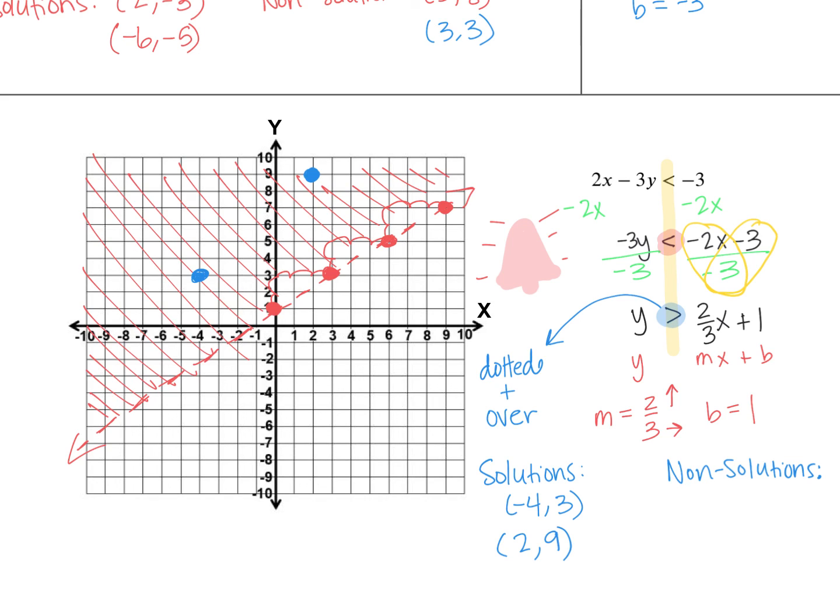Now let's look at some non-solutions. This point right here would be a non-solution because it's not in the shaded area. That coordinate is 6, 0. And then let's use this point right here. It's on the line, but since this line is dotted, it is not a solution. And that coordinate is 9, 7. So this is how you graph inequalities and find their solutions.